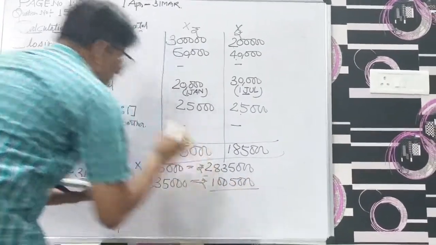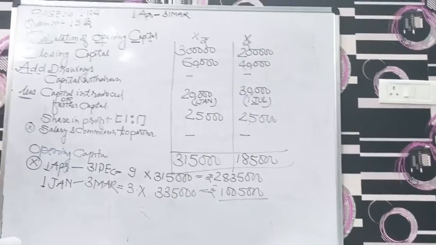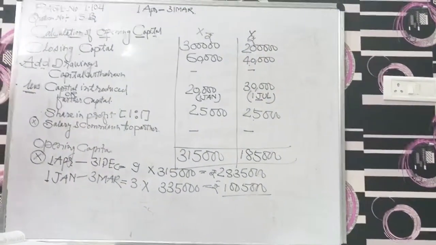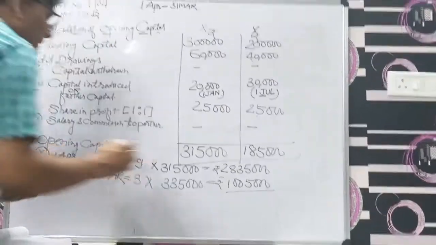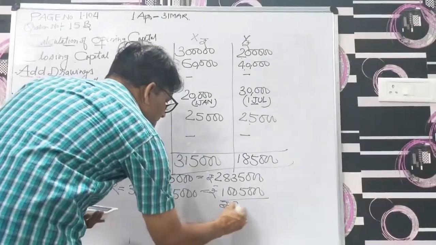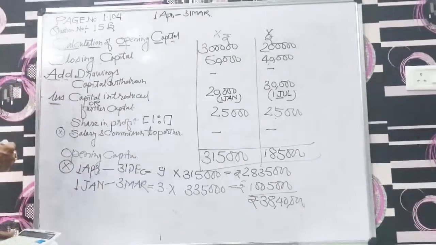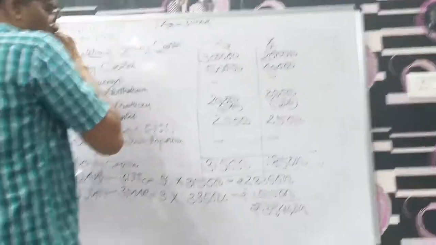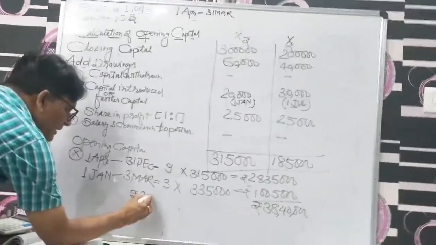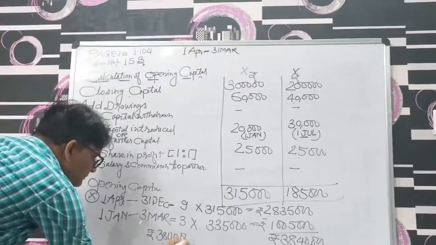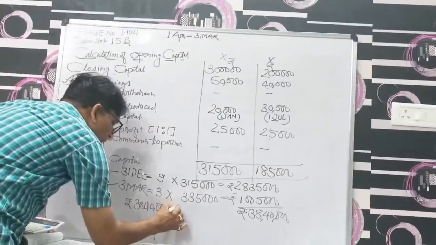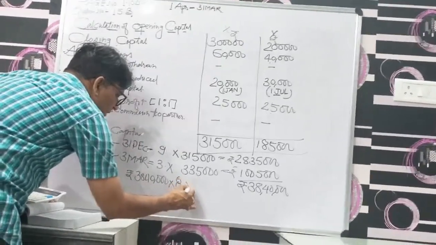So the total product is 28,35,000 plus 10,05,000, 38,40,000. Now we apply the formula. Total product 38,40,000 into rate of interest on capital, which is given to you as 8% per annum, 8 by 100 into 1 by 12.